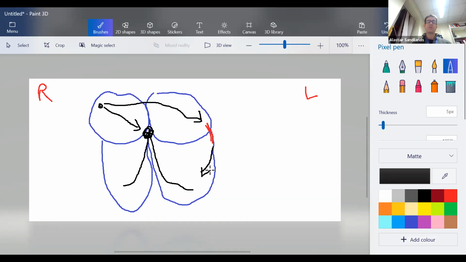Because it's going forwards over the pathway, and it's quicker here than it is here, you'll have a short PR interval and the slurring, which is the delta wave, of that conduction going over the pathway.